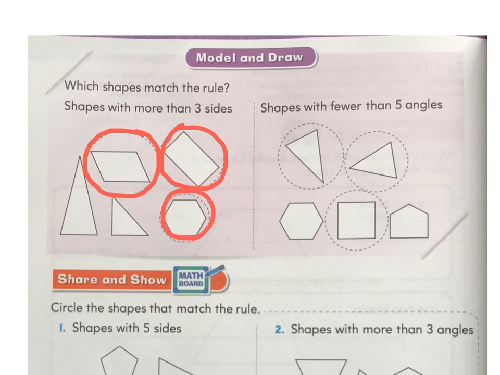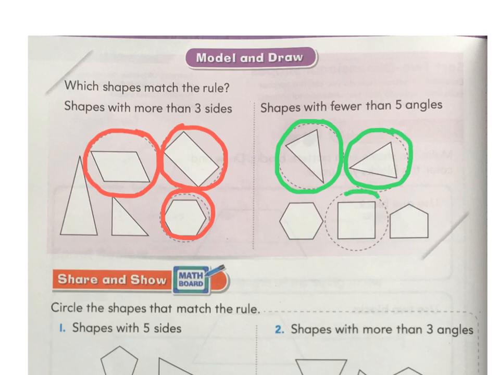In the next example, they want us to circle shapes with fewer than 5 angles. So in our first example over here, we were looking at the sides, and over here we're going to be looking at the angles. So they've gone ahead and circled the triangles because triangles only have 3 angles.